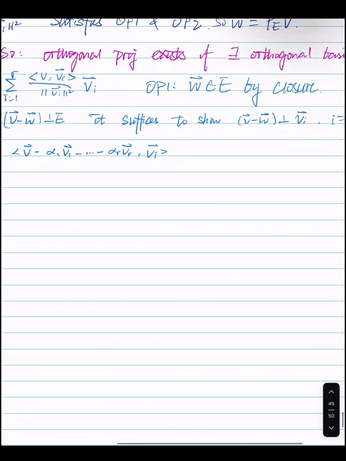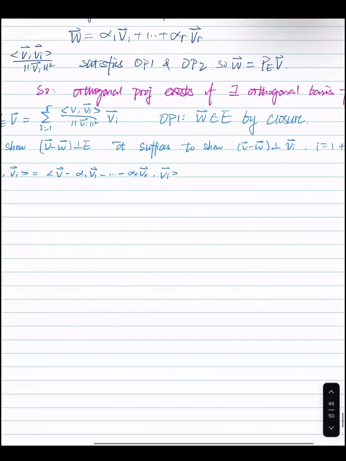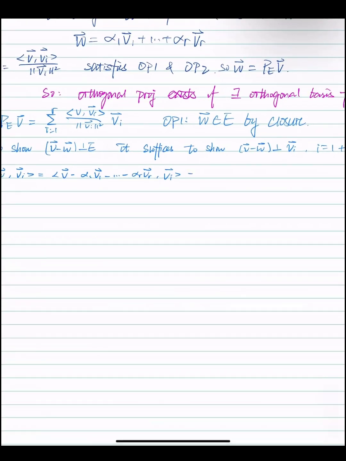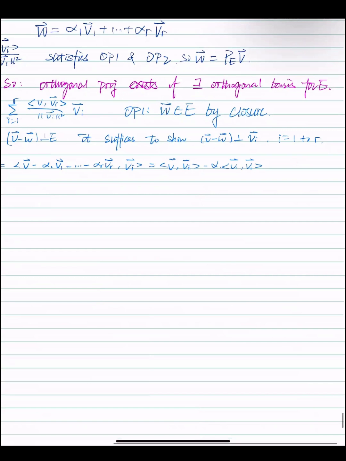And by linearity, we can take all of these out. So we will have V comma VI and subtract alpha 1 V1 VI. Same thing, subtract alpha R VR VI.